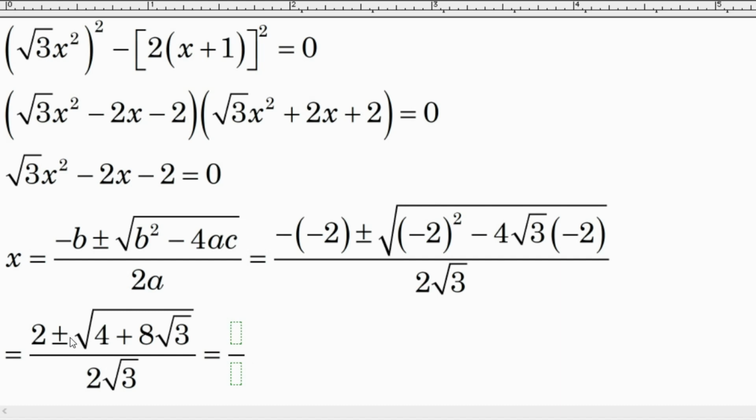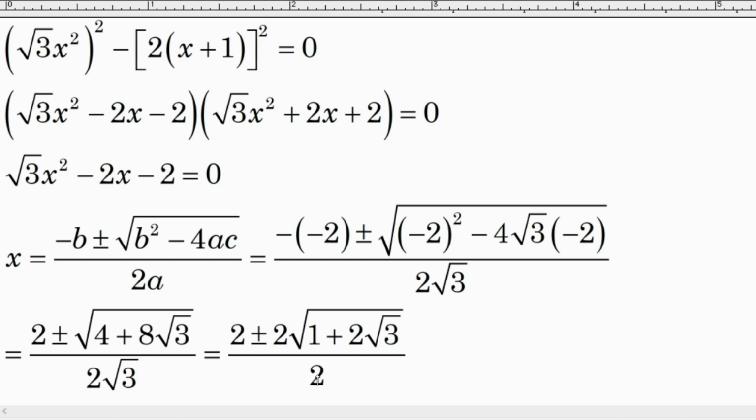Okay, so then here we have 2 plus or minus. So I can take 4 in common, and here we can simplify the square root. So we will get 2 square root of 1 plus 2 square root of 3, over 2 square root of 3. And now we can simplify 2 of the denominator and the numerator.